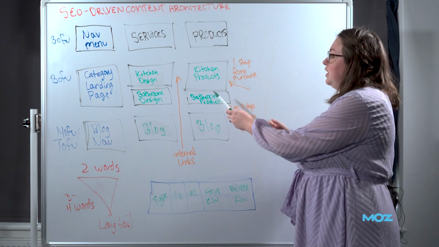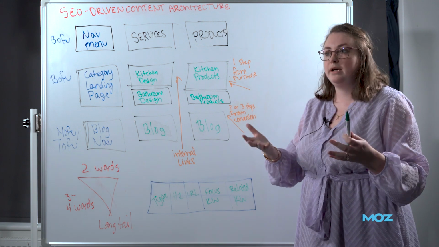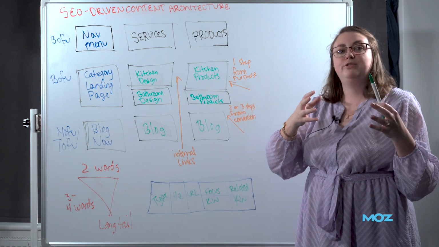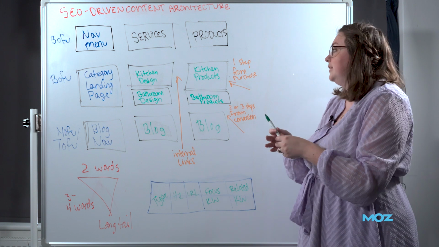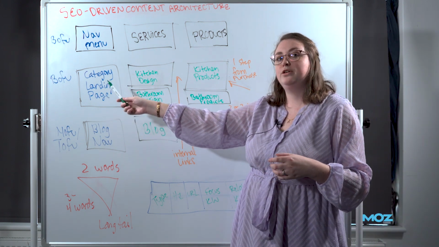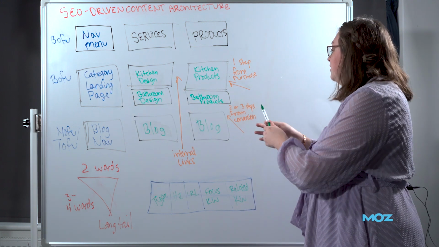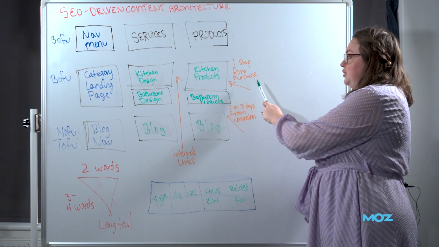The same goes for the products: kitchen products, bathroom products, whatever you are selling. You just group like things together, and those become your primary category landing pages. They're a category of content topics that are similar, that are then the most important for purchase.